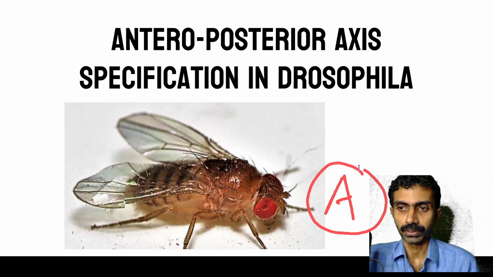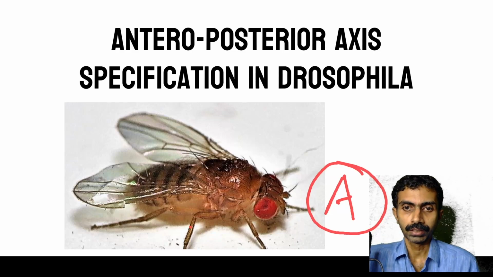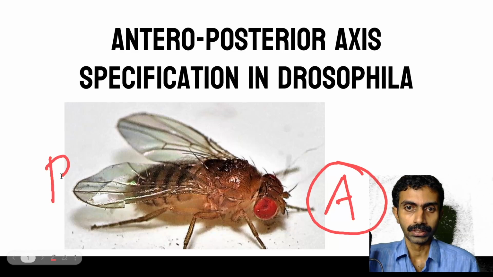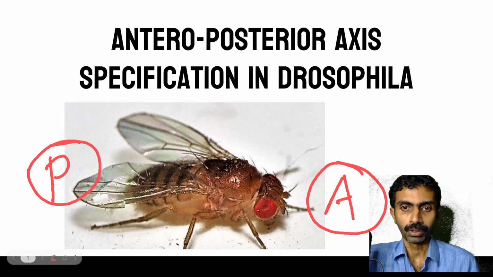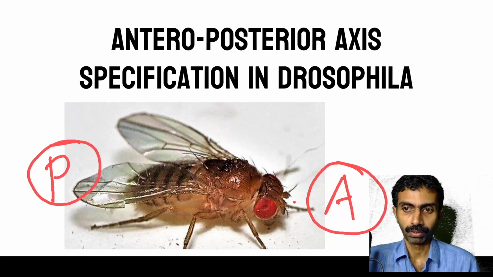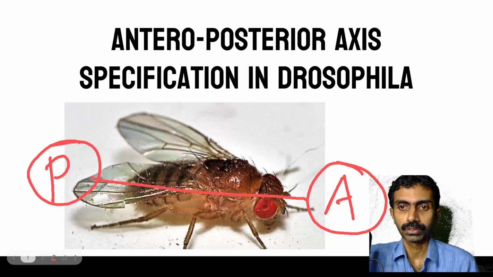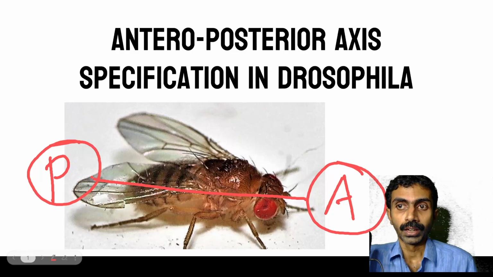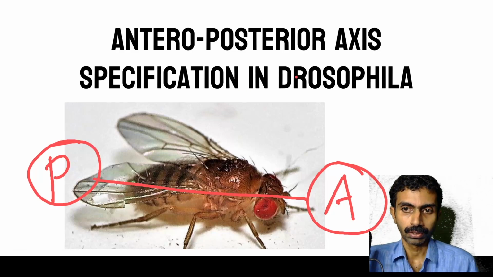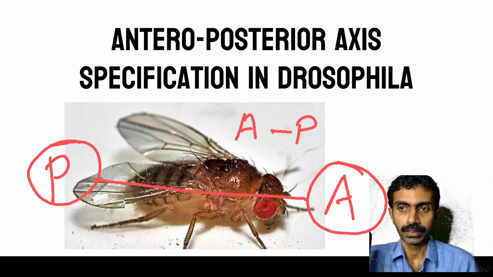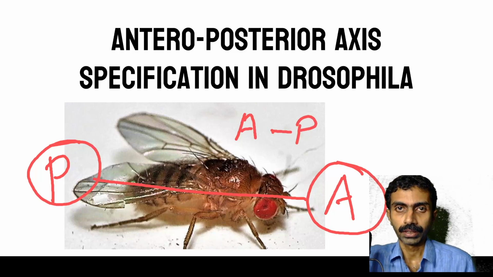This is the front part, and in the back side you can see here this is the posterior region. If you draw an axis from this anterior to posterior, this forms the anterior-posterior axis. This is also called the AP axis, right?